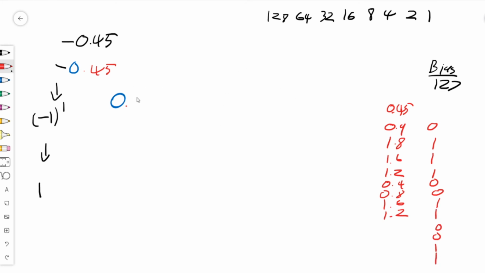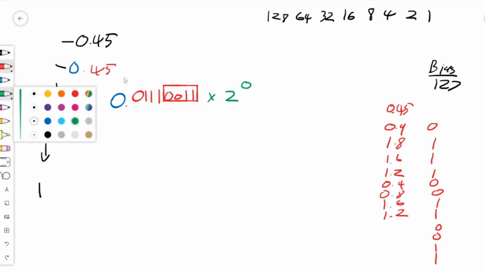Okay, so our fractional in binary is 0.1110011, and then this 0011 will repeat infinitely. Again, if you're not quite sure why this is the case, please ensure you have watched my video on converting fractional decimal numbers into binary, and then it will make more sense. And now we can represent this as times 2 to the power of 0.